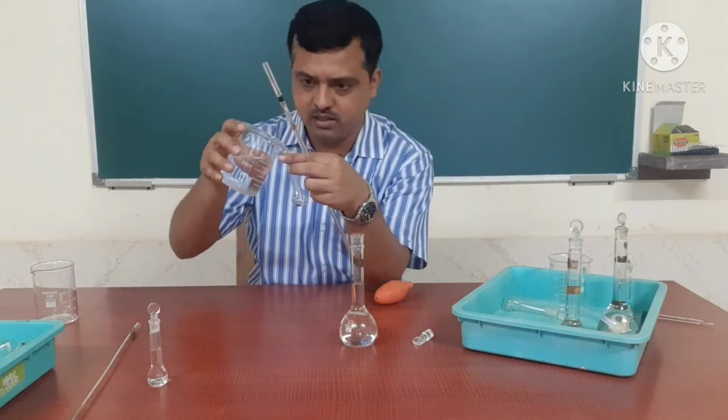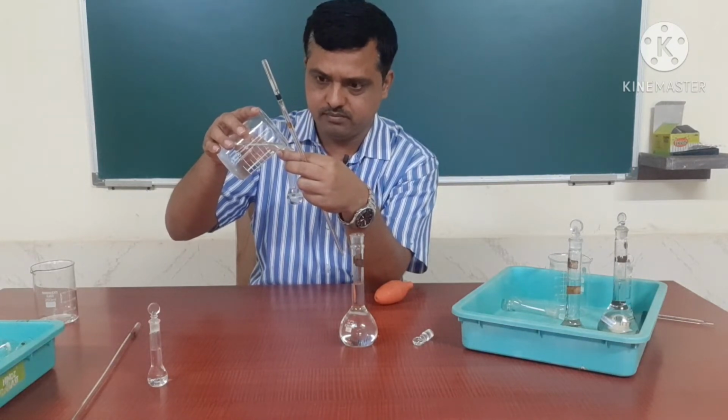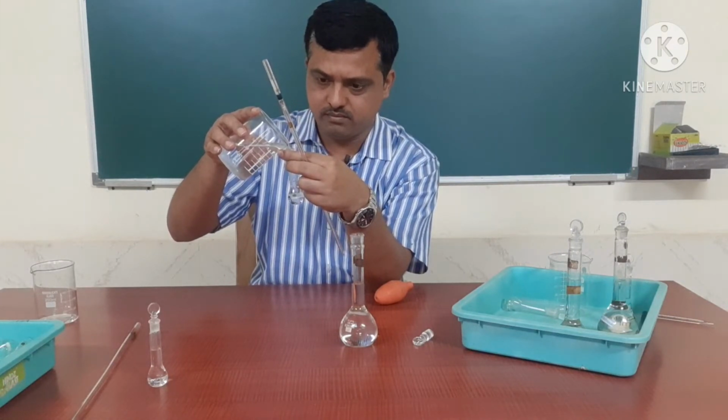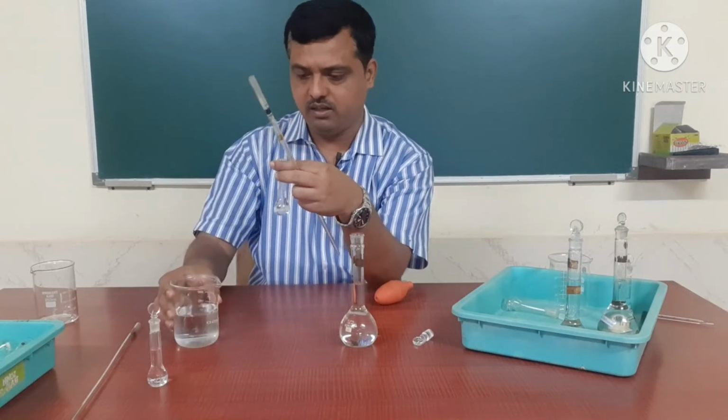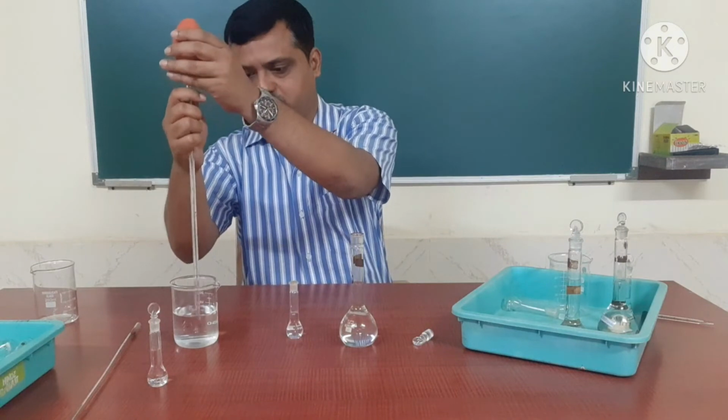So dilute with distilled water up to 10 ml, and again final volume adjustment using the pipette.